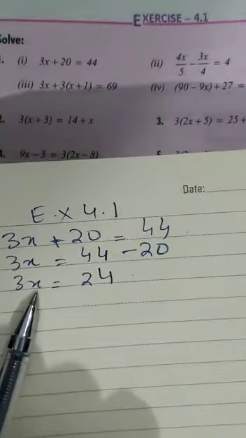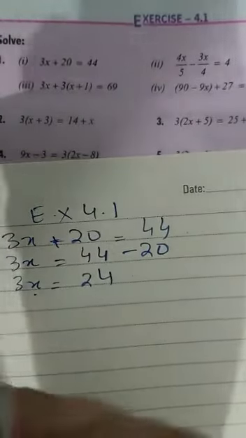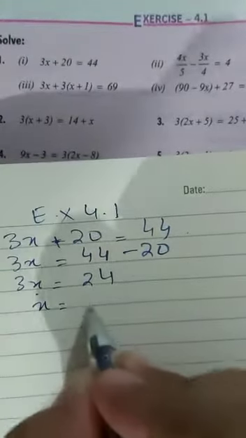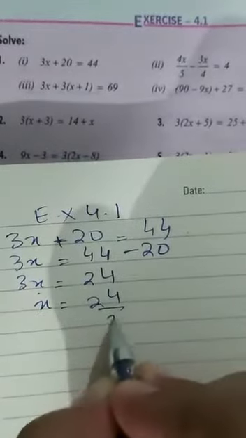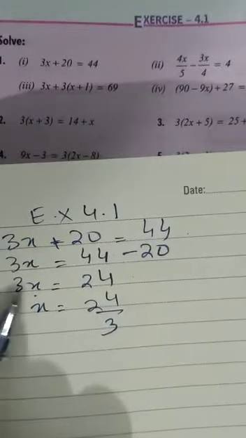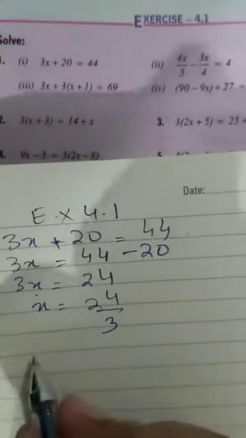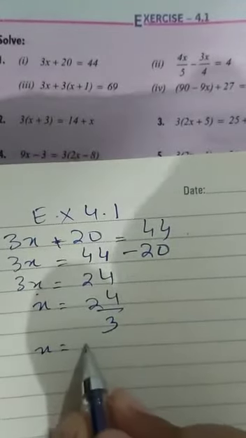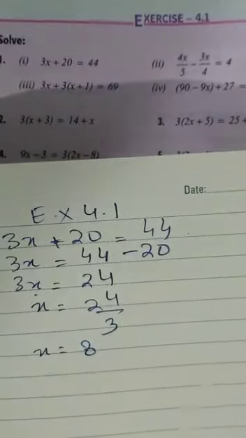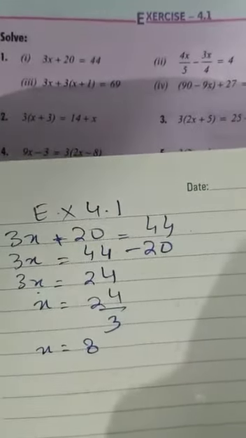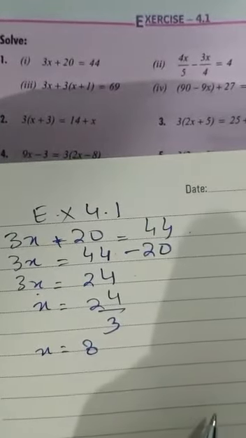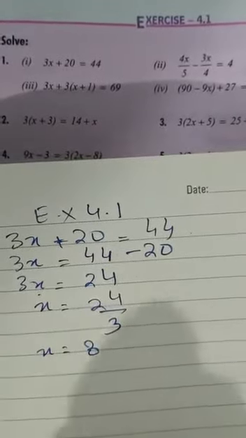Here 3 is multiplying with x, and on the other side x is equal to 24 by 3. Since it is multiplying here, it is going to divide on the other side. And what we get here is x is equal to 8. I think it's a very easy question and an easy way to solve equations.